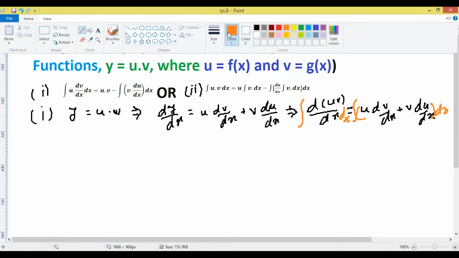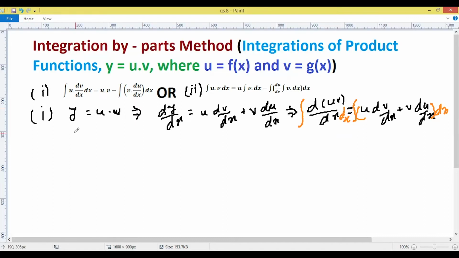After this step we can see that the derivative of the function u times v is d(uv) by dx, and then the antiderivative, that means the integration, is just the opposite of the derivative, so it is only uv.